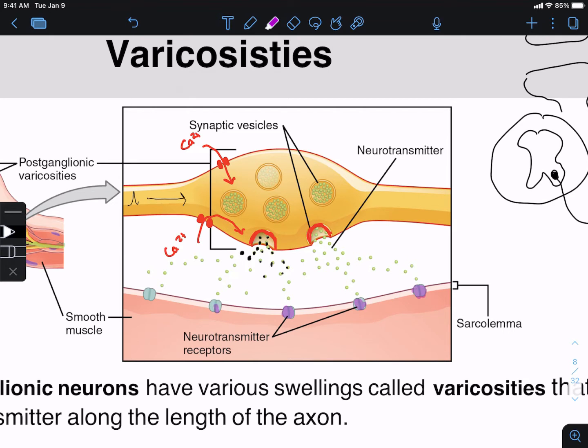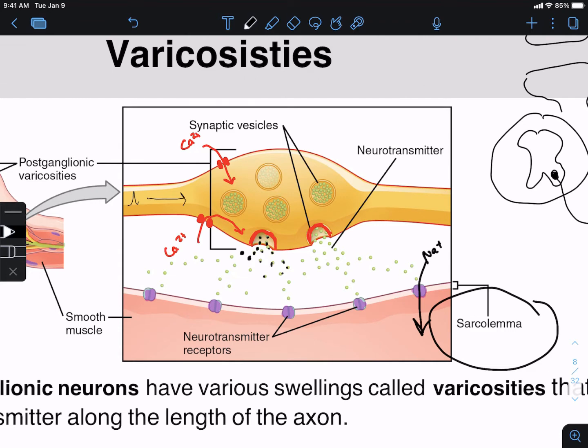Now, based on what those neurotransmitter receptors are, they'll cause those receptors to open. If those receptors are, for example, sodium channels, sodium will enter the cell, creating a graded potential within the cell. If it's a muscle, it will induce contraction.